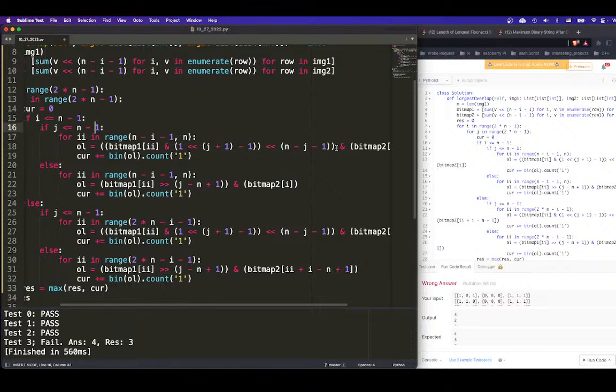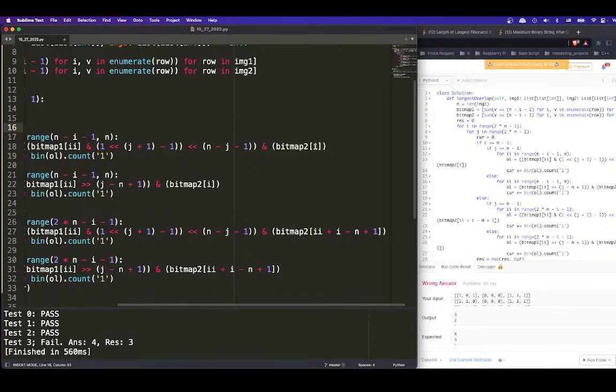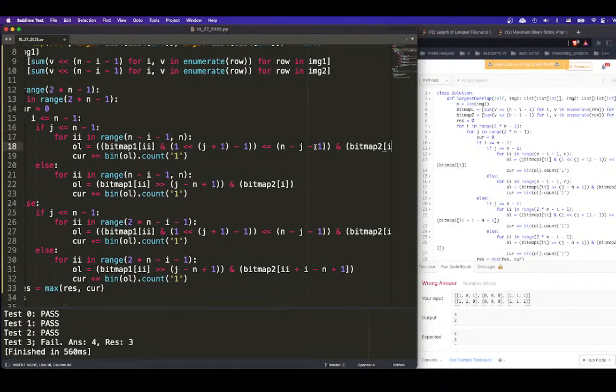Ah, I see. This is not right. This is not i. It's not i. Holy crap. It has to be something calculated from ii. Okay, let's see. So I have ii. Great.